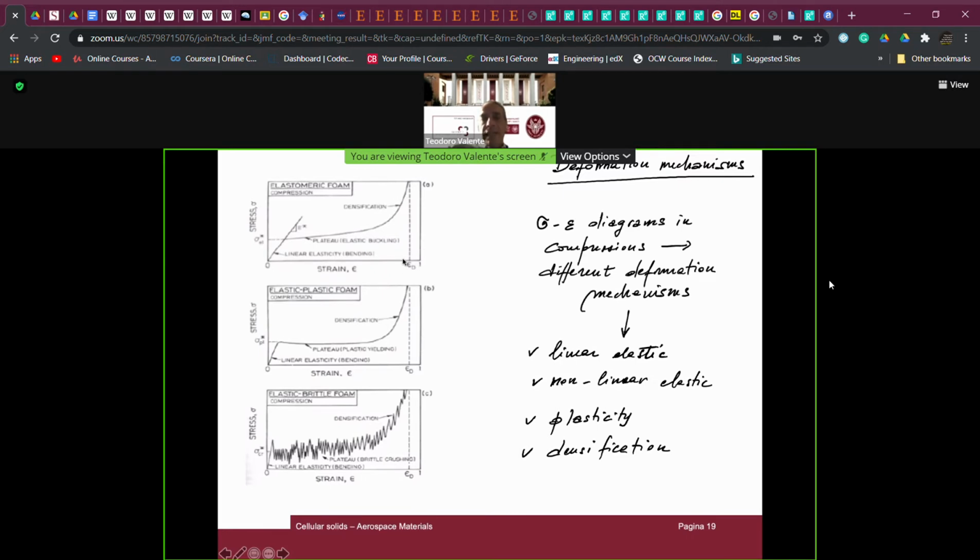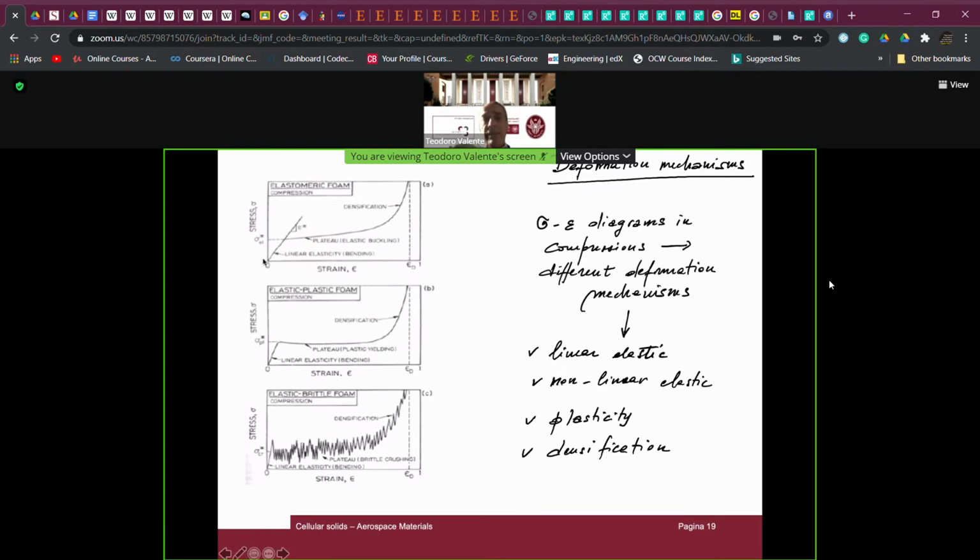So this limit strain epsilon D, where D stands for densification of the material itself. This is the first behavior that we can expect when the base material essentially behaves elastically till the densification phase.